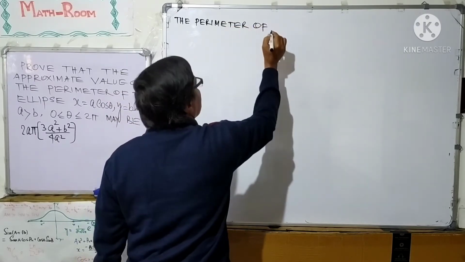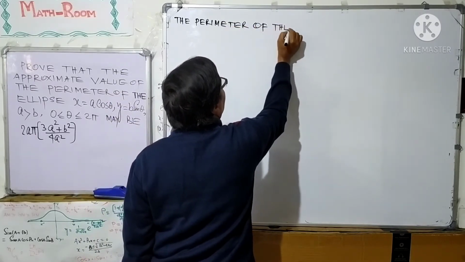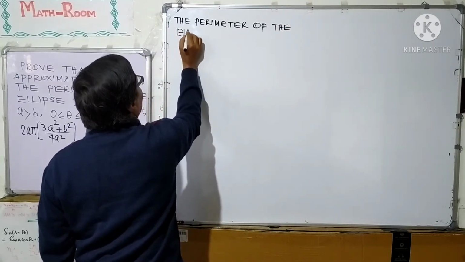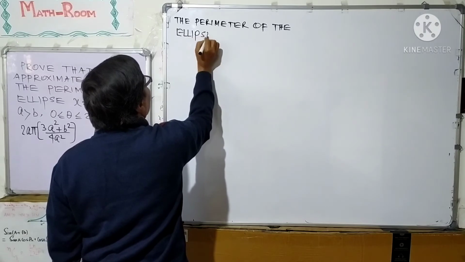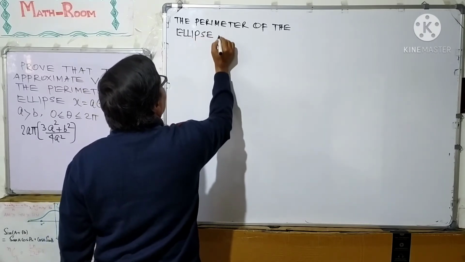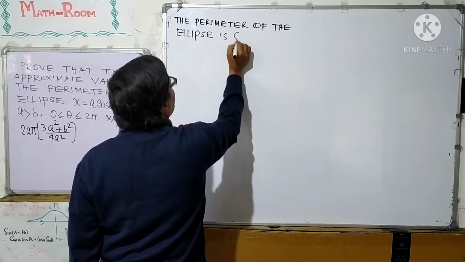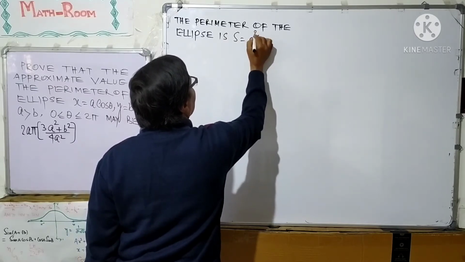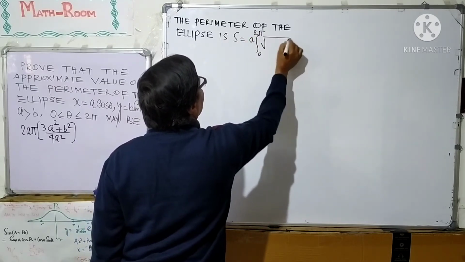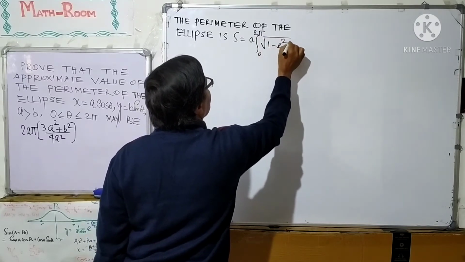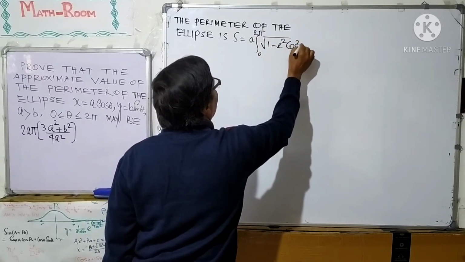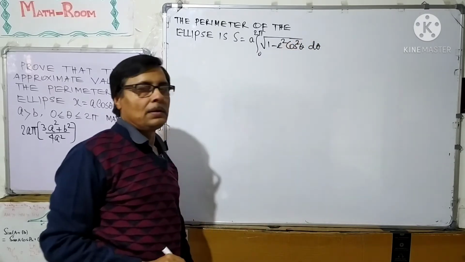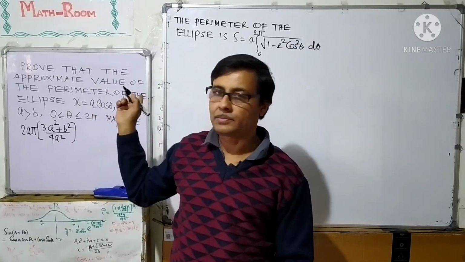Now, the perimeter of the ellipse is S, which is equal to a into the integral from 0 to 2 pi of root over of 1 minus e square cos square theta d theta, where e is the eccentricity of this ellipse.